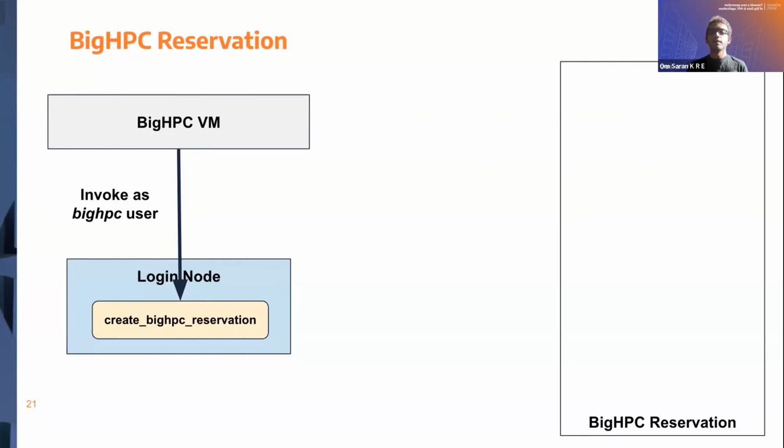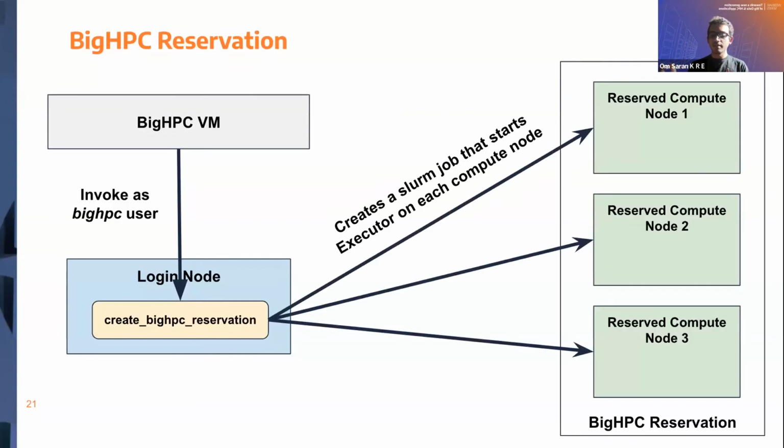It reserves a bunch of compute nodes, which is configurable. For example, if 10 nodes are required, then it will submit a request for 10 nodes. And this script reserves the compute nodes and also takes care of starting the services which are required by the BigHPC Orchestrator.